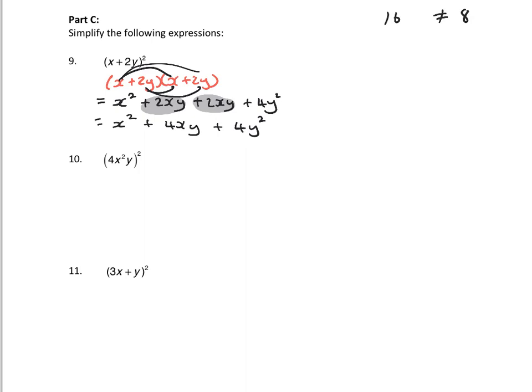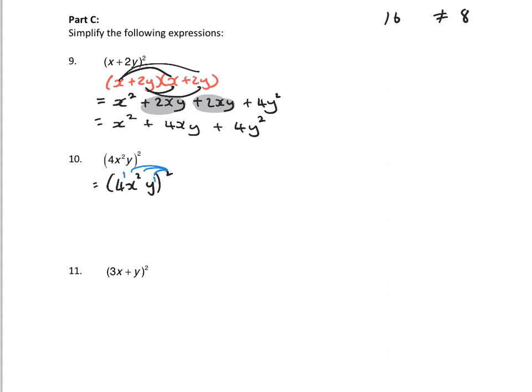So let's go. Question 10. (4x squared y) all squared. How many terms are there now? There's only one term because it's 4 times x squared times y, all squared, right? So what we do is we multiply that exterior exponent to each of the interior exponents.